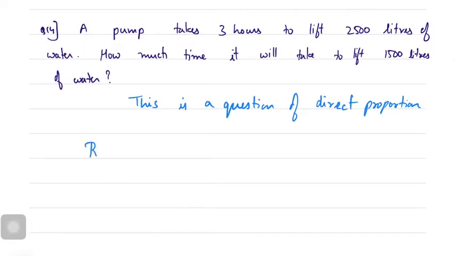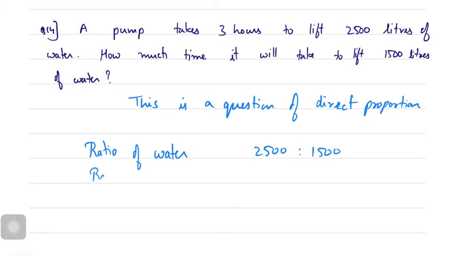Right? So ratio of water is 2500 and 1500. So 2500 is to 1500, or 25 is to 15 also you can write. Okay.